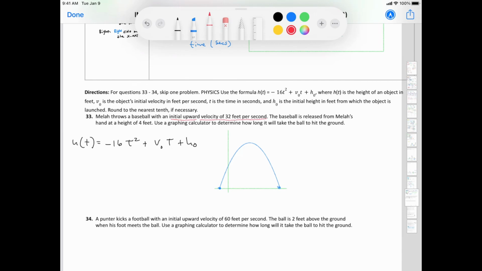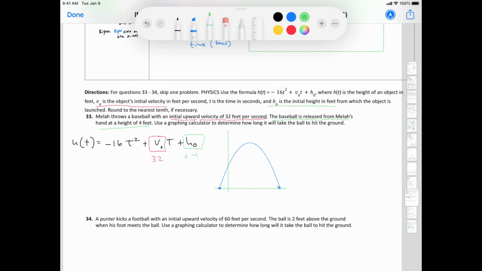Don't worry about the units, but initial velocity is v0, so that number is 32. The baseball is released from Mela's hand at a height of 4 feet. Released at 4 feet is the initial height, the starting height. So this one is going to represent +4.